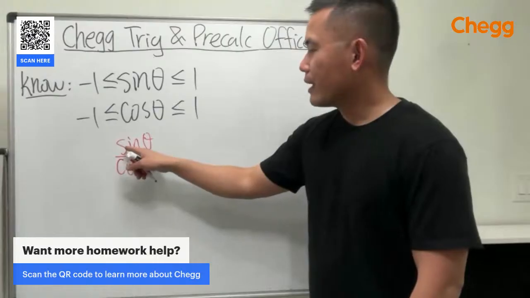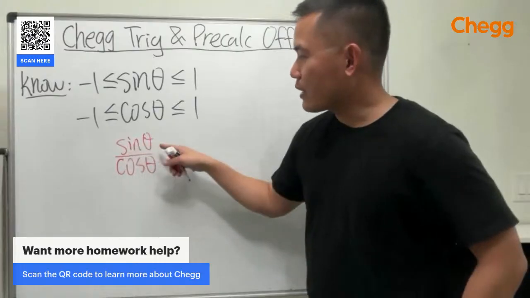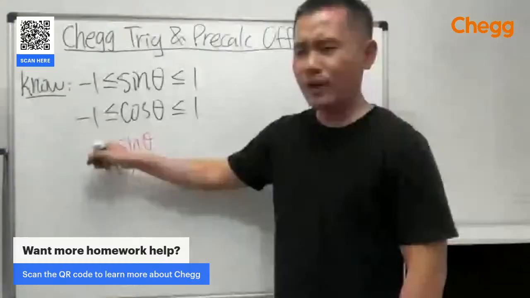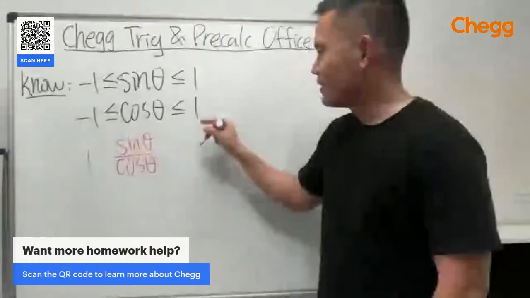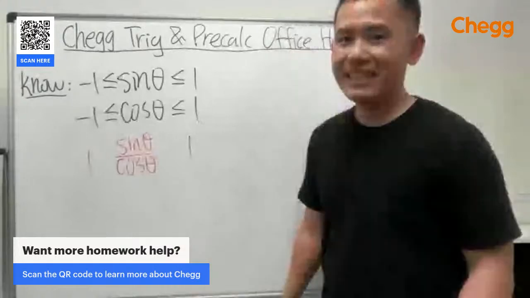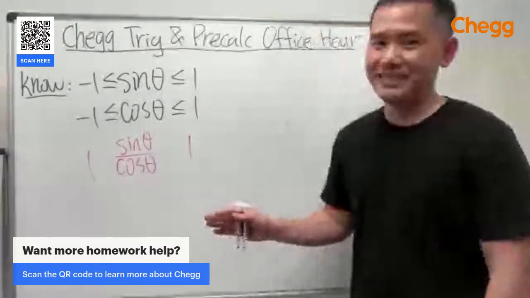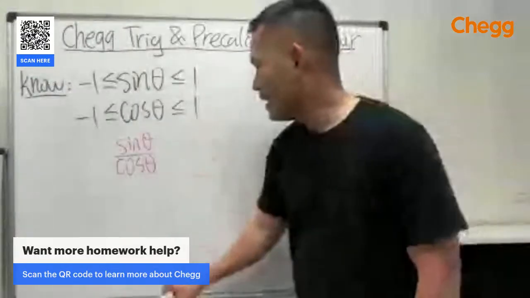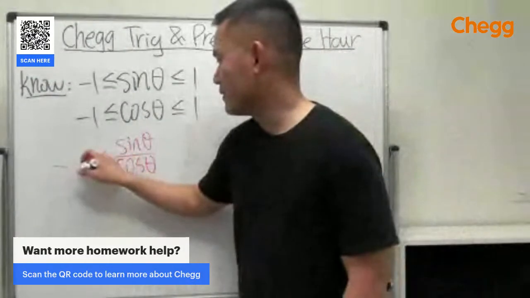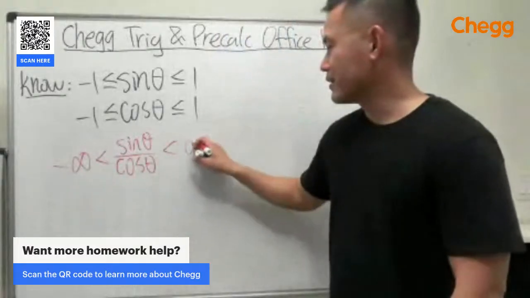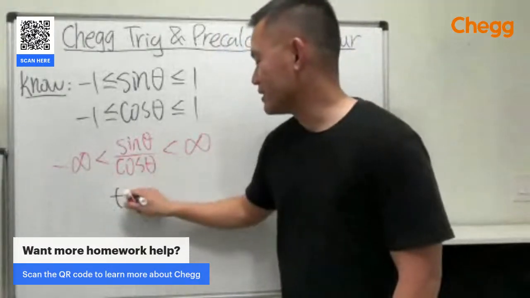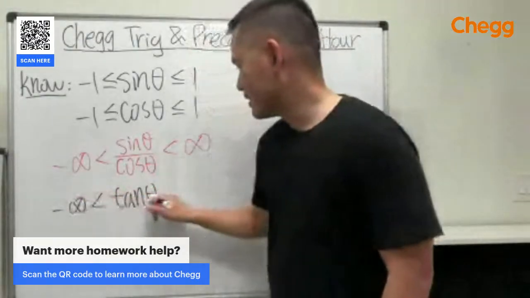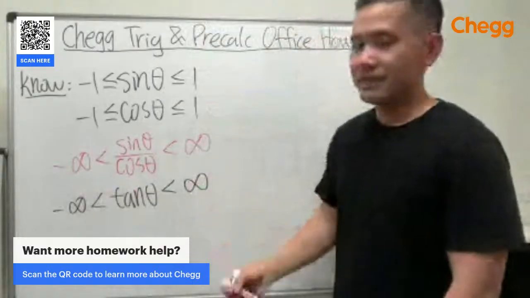Sine over cosine. It looks like we're just doing this over that is 1, but no, you cannot do that. Inequalities are tricky sometimes. In fact, you can write it like this: negative infinity to positive infinity. And that's of course for tangent. So the range for tangent is all real numbers.